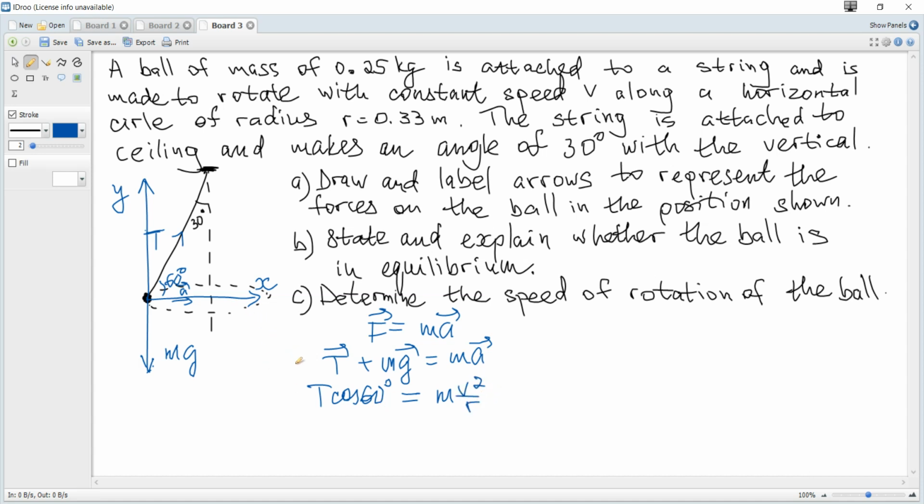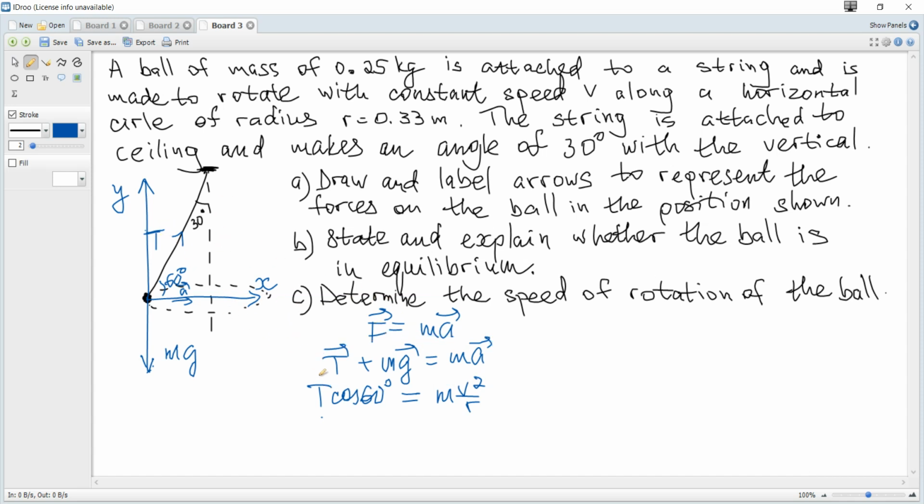And we can see that there are two unknown variables, T and v, so we cannot calculate v from this equation, so we need another equation, and we can get it if we consider this vector equation in projection on the y-axis.